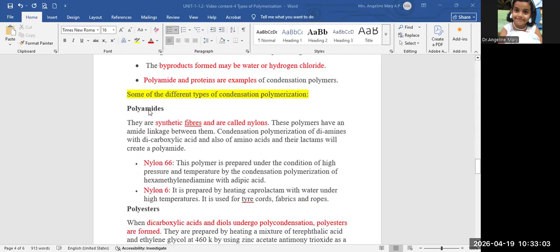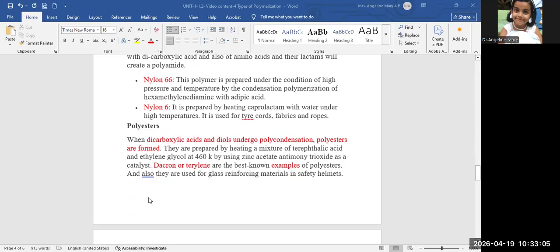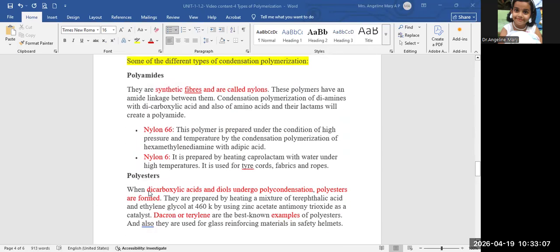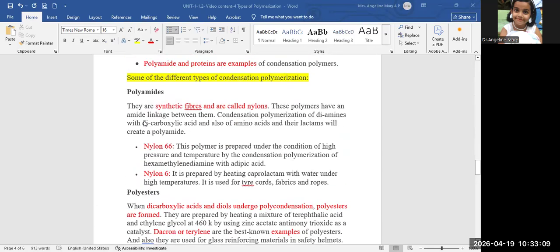The first one is polyamides and the second one is polyesters. Polyamides are synthetic fibers and are called nylons. These polymers have an amide linkage between the monomers.